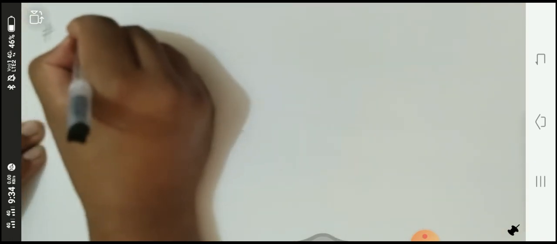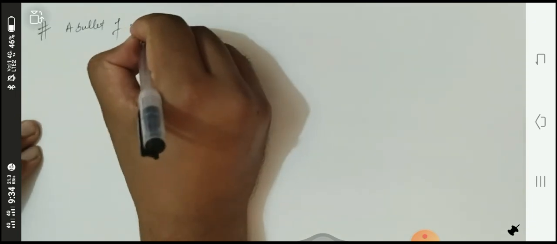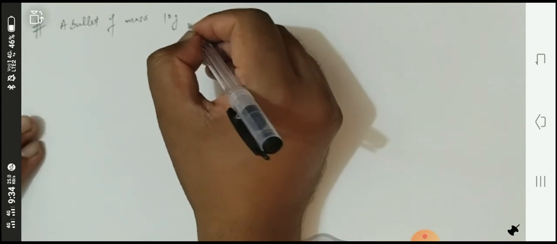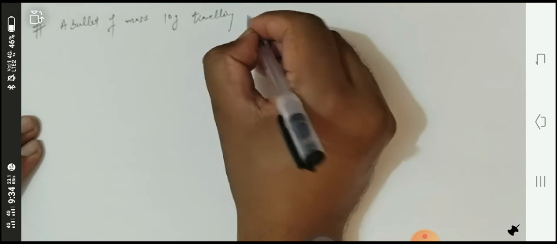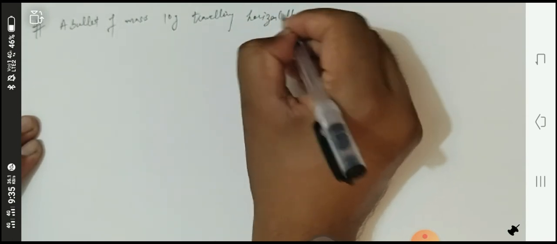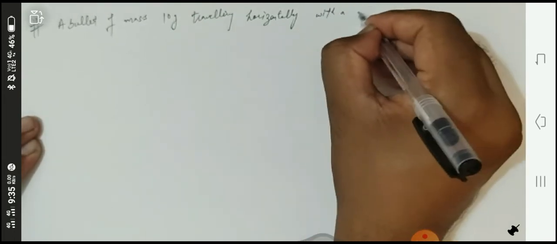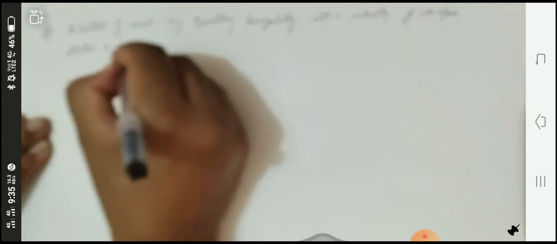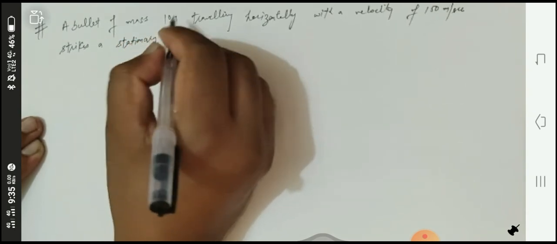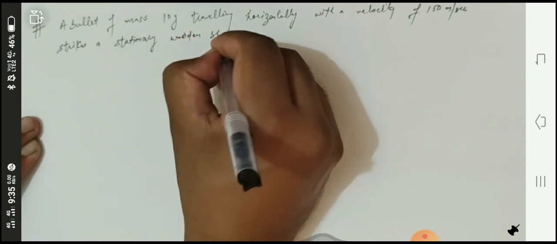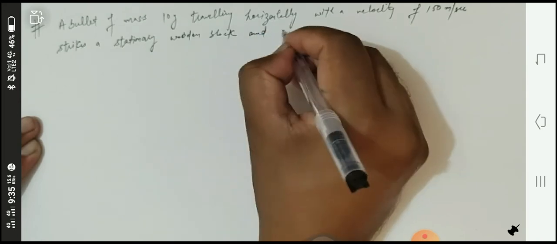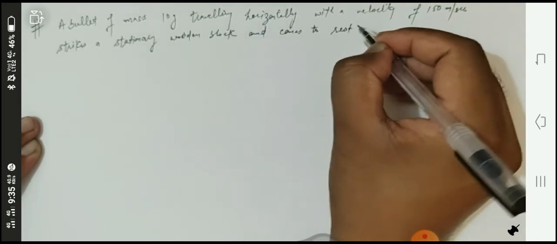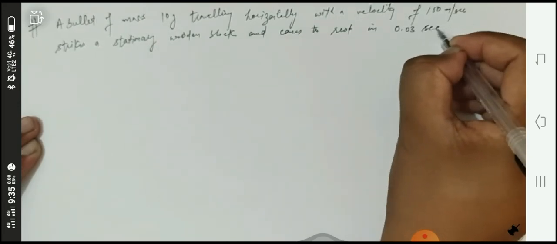The question is, a bullet of mass 10 gram traveling horizontally with a velocity of 150 meter per second strikes a stationary wooden block and comes to rest in 0.03 second.